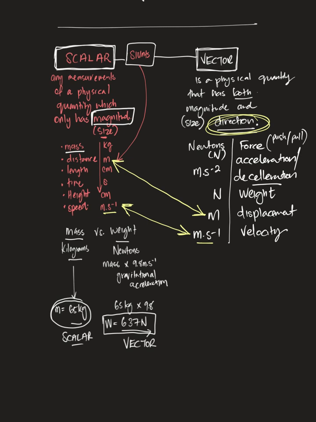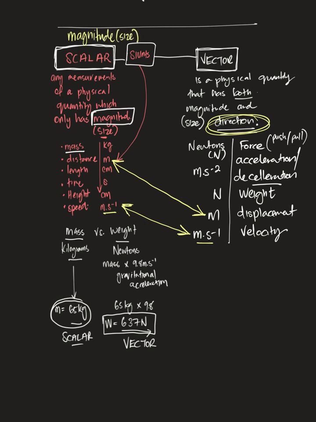So when we talk about vectors and scalars, we're looking at ways in which we can measure things. And if I can measure things, I need to understand whether that thing needs a direction. So when I look at scalars, I want only the magnitude or the size of it.